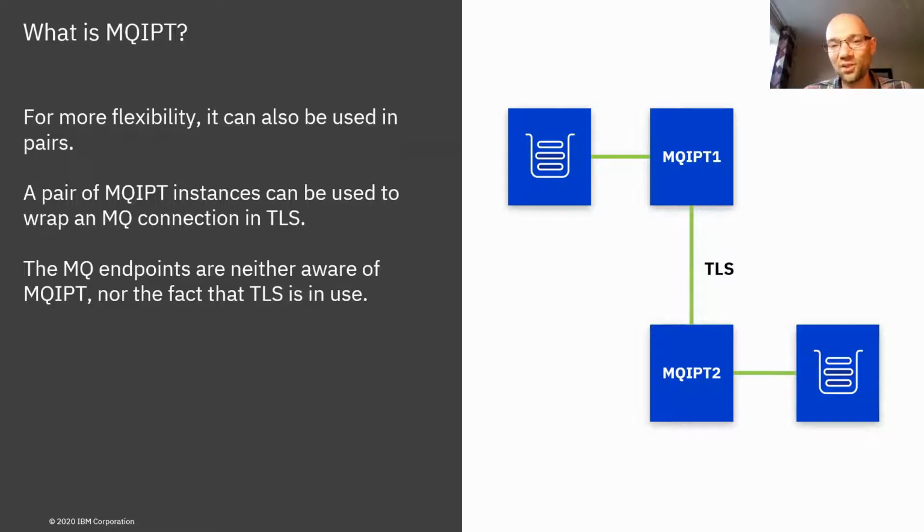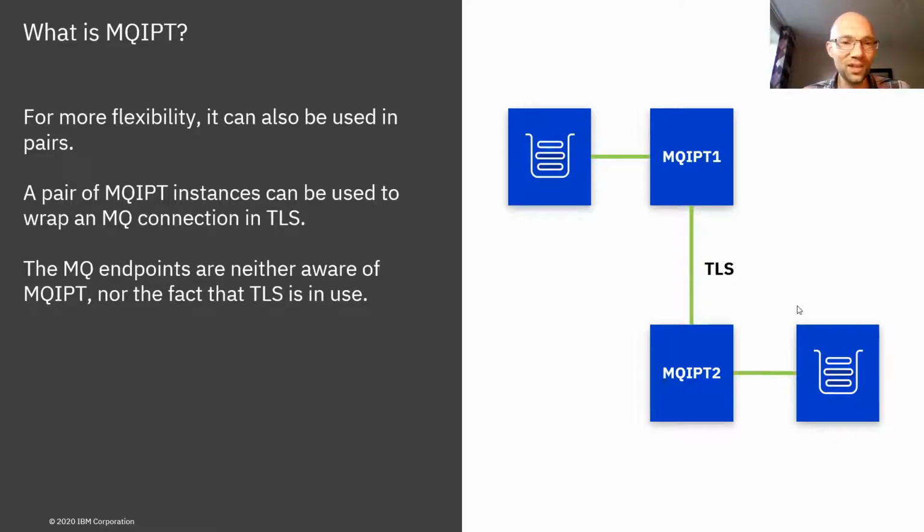So things that you can do here with a pair of IPTs is you can encrypt a connection between two queue managers using TLS, but you can do that completely transparently to the endpoint. So if for some reason you don't want to enable TLS on your actual queue managers, or we could equally be talking about a client and a queue manager here rather than just two queue managers, either way, the MQ endpoints don't use TLS.